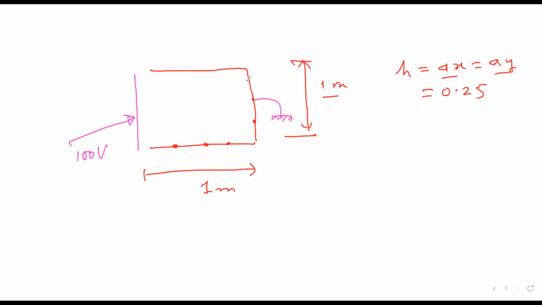We'll have 3 sections, something like this. Then how many nodes are you creating? These are the interior nodes of your system: 9 nodes. And we have some nodes falling on the boundary.